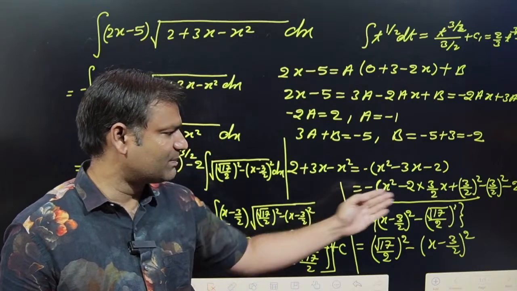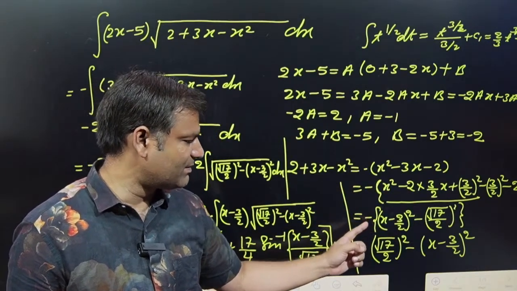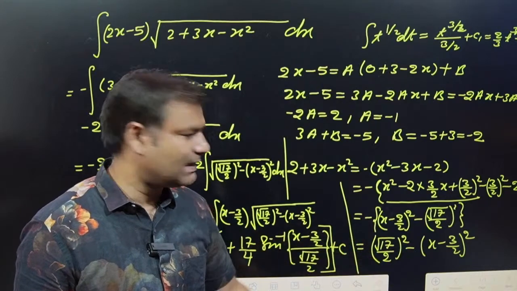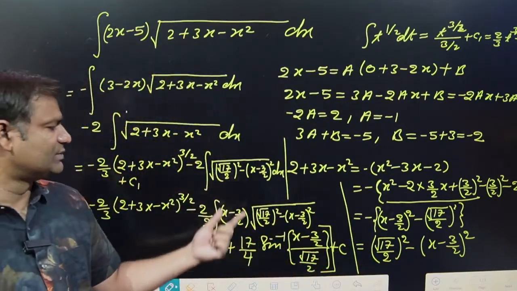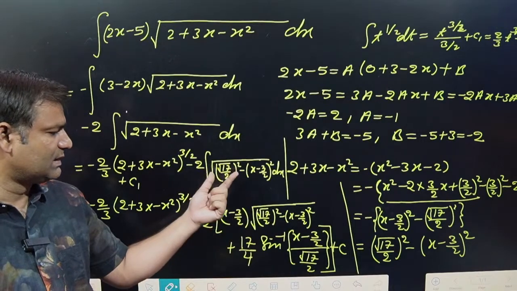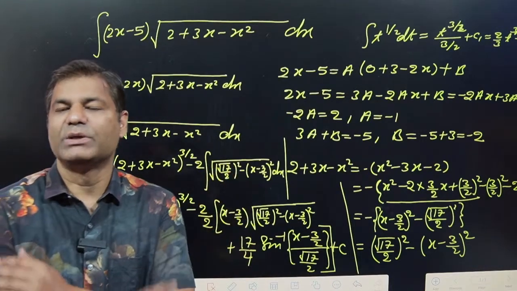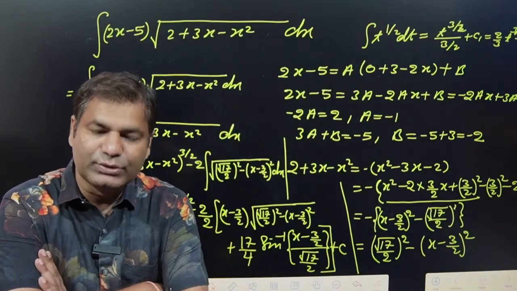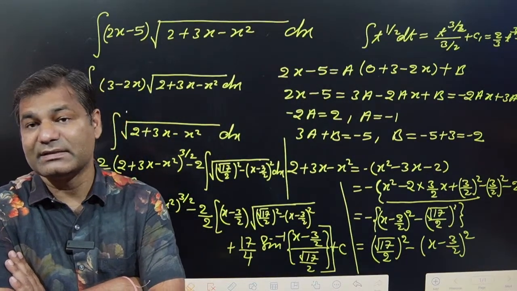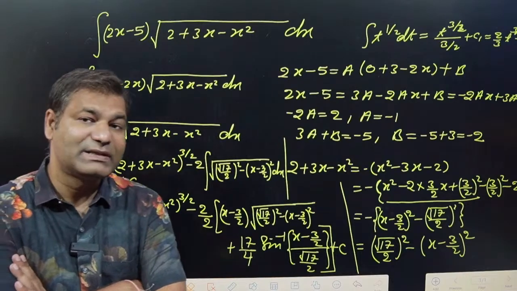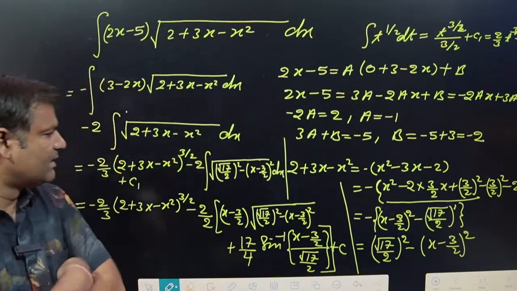After that make a perfect square. So finally we multiply by minus, then we get this, and that value is put here. Then using the formula for integration of under root of a square minus x square dx, which is 1 by 2 into x under root of a square minus x square plus a square into sin inverse x upon a.